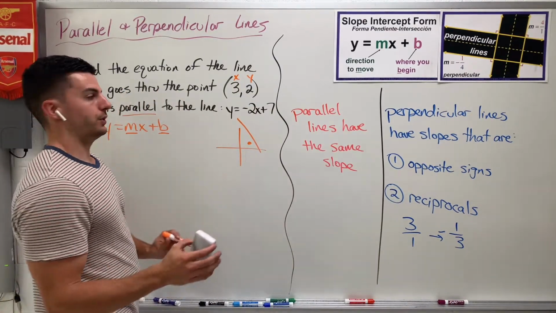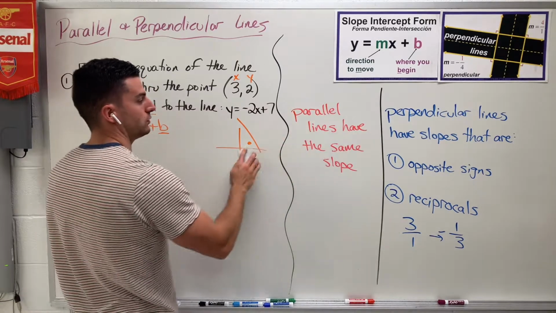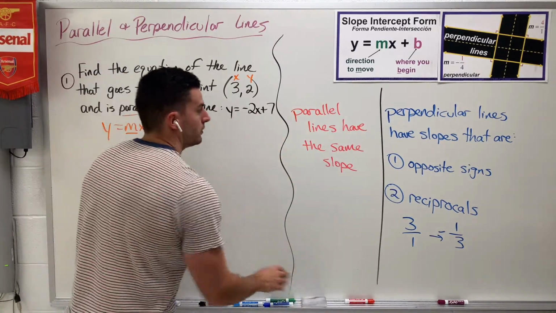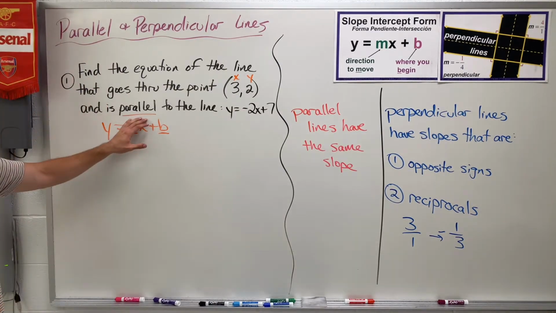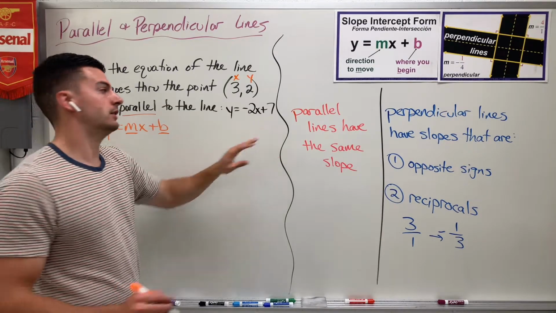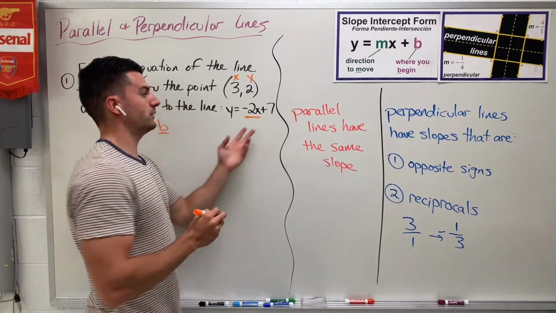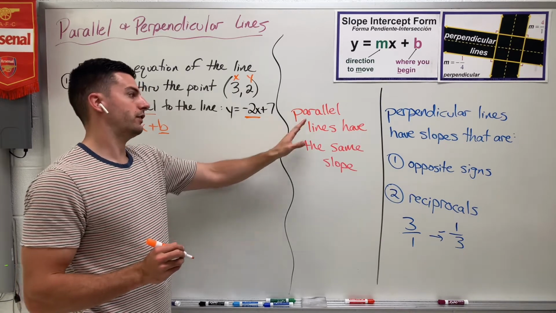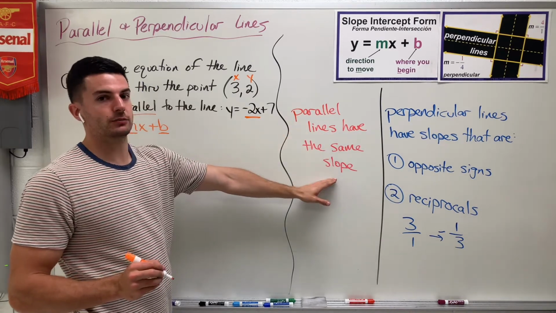So what do we know? Okay, so again, using these two rules, okay, about parallel and perpendicular lines, right? These lines are parallel. It says parallel, right? My line that I'm trying to find is parallel to this one. So what does that mean? Right, the slope of this line, the m value of this line that it gives me is negative 2. And if I use that rule, parallel lines have the same slope.